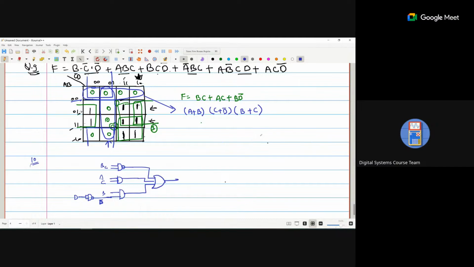If I use one bubble here and one bubble here, no change in the output. So for implementing this one, we require 4 2-input NAND gates, 1, 2, 3, and 4, and 1 single input. This is question number 10, and this is question number 11.